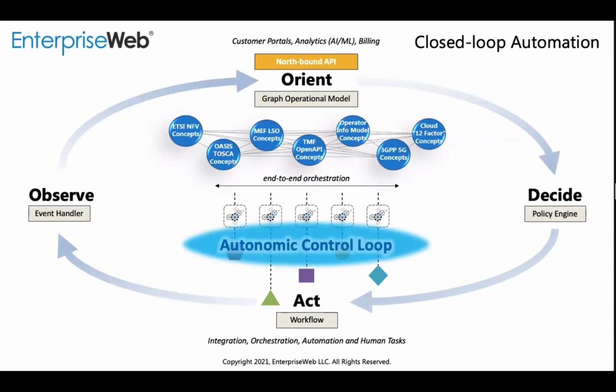And here, as a result of that, we get this autonomic closed loop control, right? Because we're now using a model to onboard the solution elements, compose services, to automate the deployment of those services and the configuration of those services, manage their assurance, as well as monitor all of the connected interfaces.